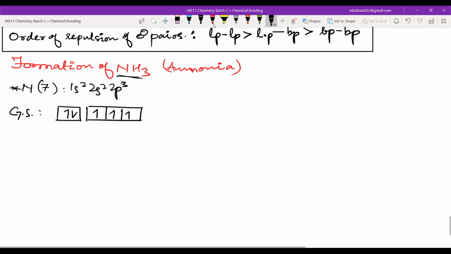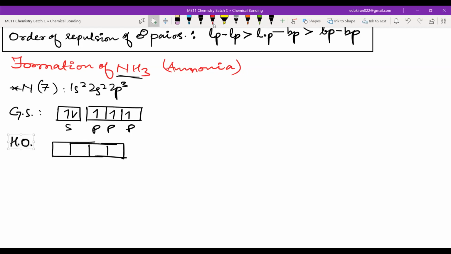Then directly you will write the hybrid orbitals. We'll have s and these three p's. They will form the hybrid orbitals, four of them, sp3. Now how many hydrogen atomic orbitals do we have? We have 3 hydrogens.